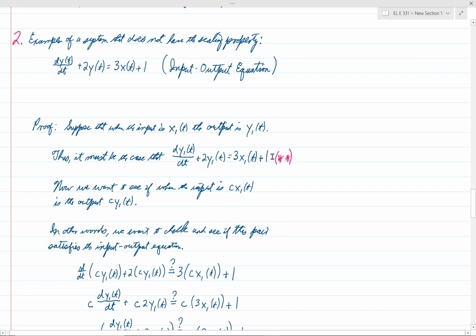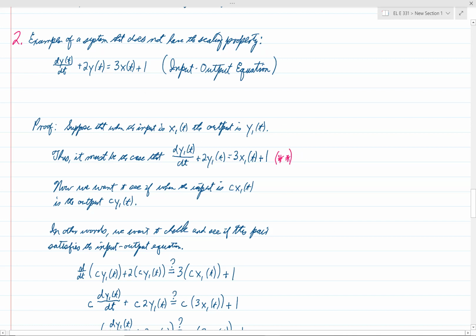And now, just as before, we ask, if we go to cx1 as the input, will the output be cy1? That's the same as saying, if we plug in cy1 everywhere for y in this equation and cx1 everywhere for x, will we still get a true equation just like we did here?